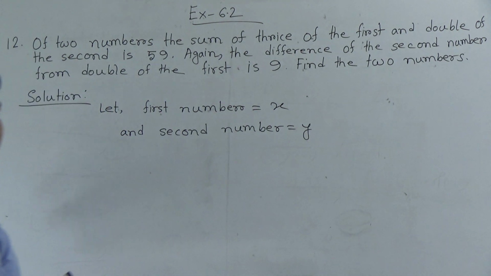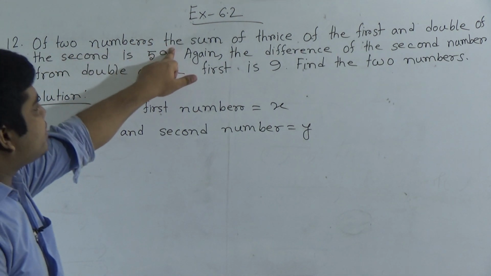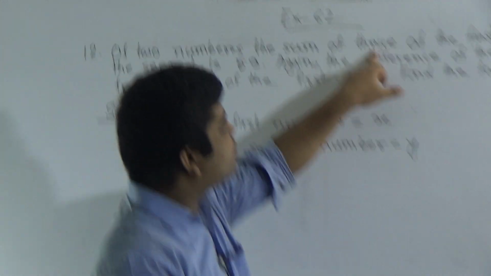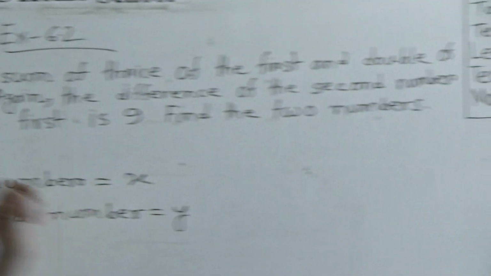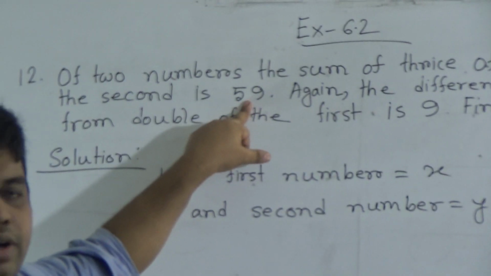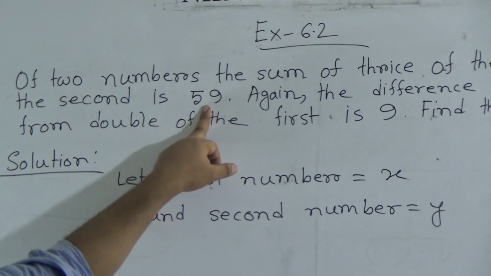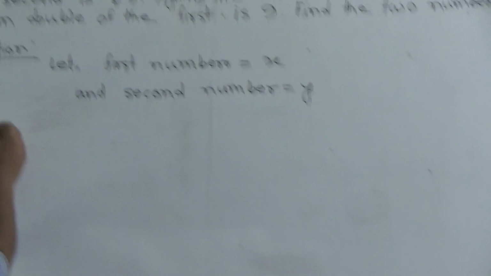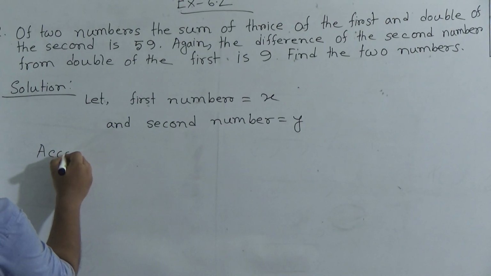Now you notice, of the two numbers, the sum of thrice of the first and double of the second is 59. That means this is the first condition. So, now write according to the first condition.